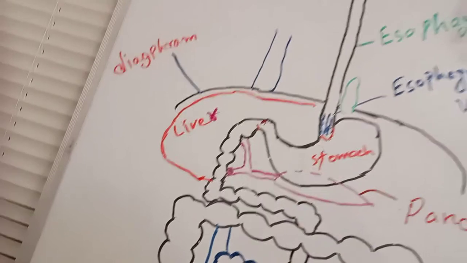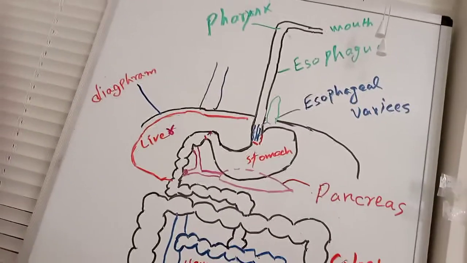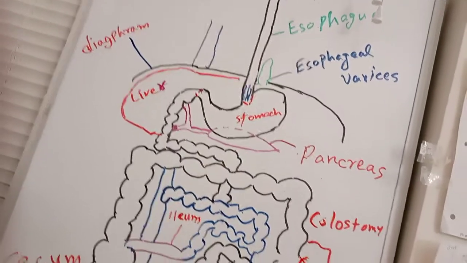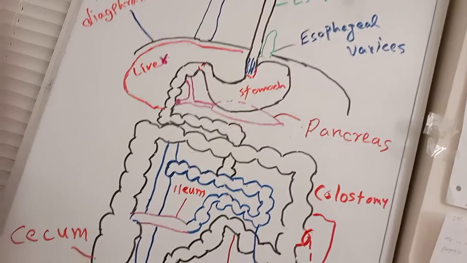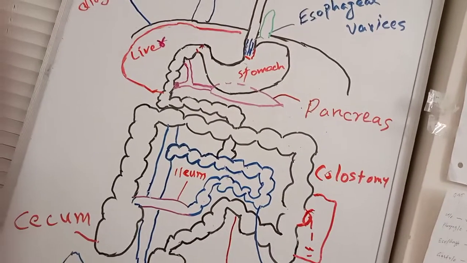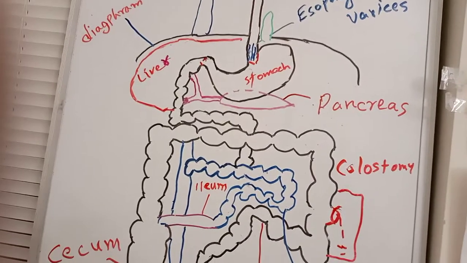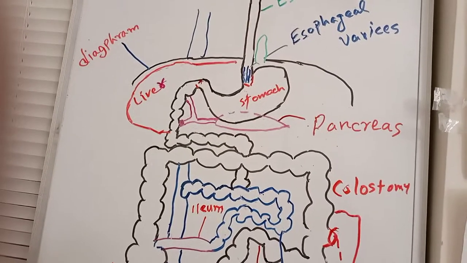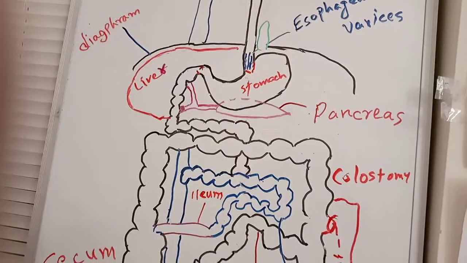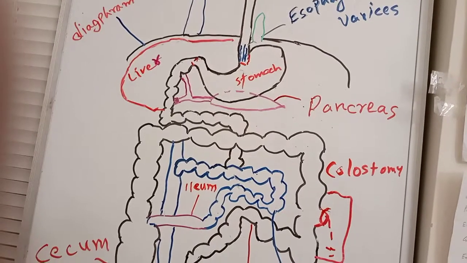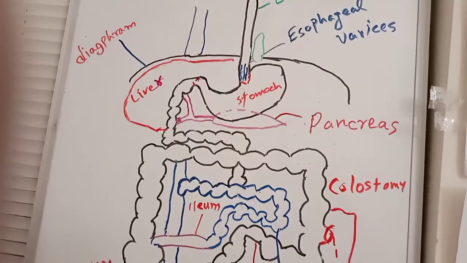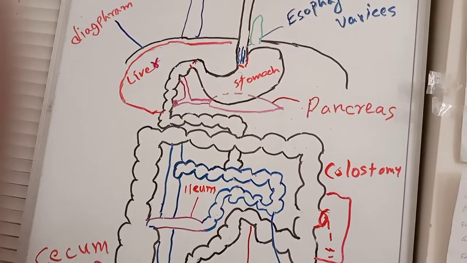So when you take an X-ray, you will see a part of this green part which I have shown you. It passes through this hiatus and goes into the chest. You will see a part of the stomach or part of the large intestine in the chest, in the extra chest. This is known as hiatal hernia.